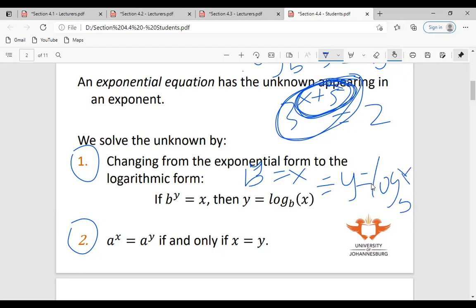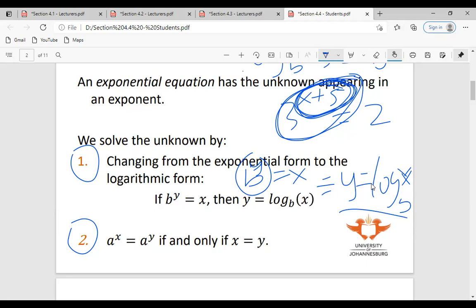You have now removed y from the exponent of the b without changing the question. Once you do this, you can then proceed with solving for y using any of the methods we have seen in chapters 0 and 1 for solving equations.